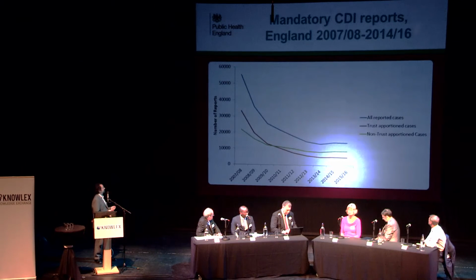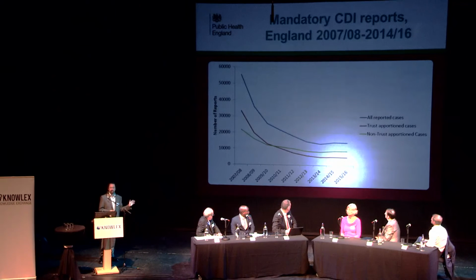So if we look at some of the data from the mandatory reporting, you can see that large decline there. And here you can see the data split by trust apportioned, non-trust apportioned cases. So these are essentially your community onset and hospital onset cases. You can see, again, as with MRSA, C. diff was mostly a trust apportioned, a hospital onset infection.